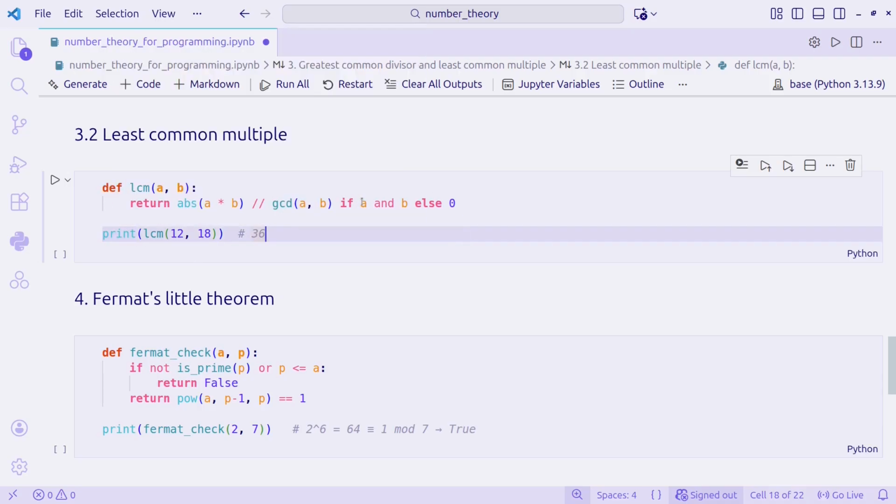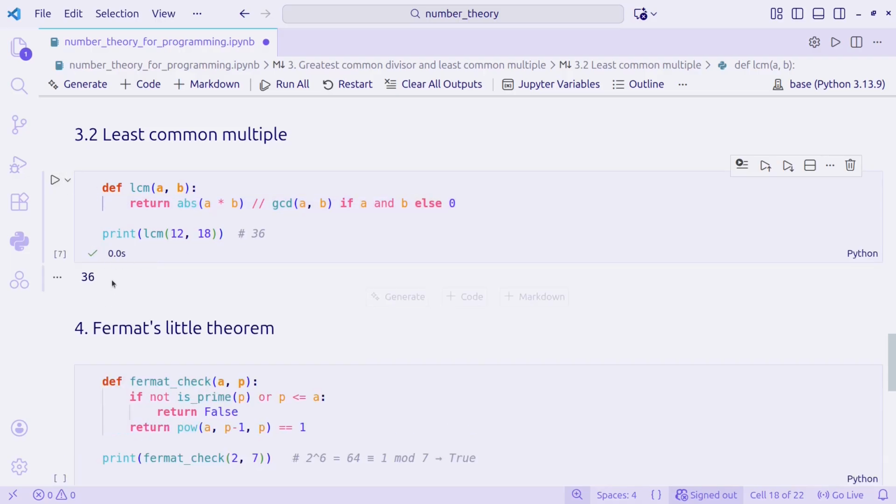If I'm not able to show that A and B are both positive numbers, then the result would just be 0, okay? So let me try to see the LCM of 12 and 18. Yes, I will have 36. That's why I would say that the LCM of these two numbers would be just 36, okay?